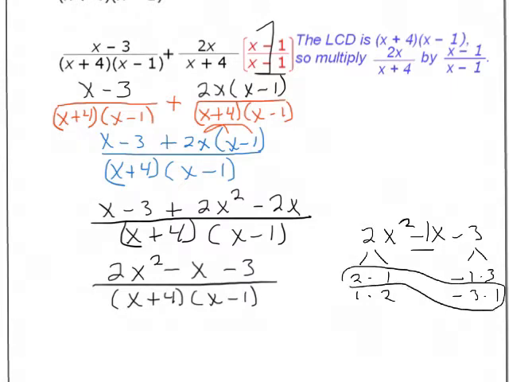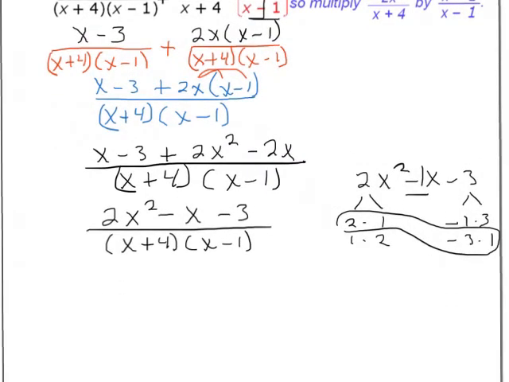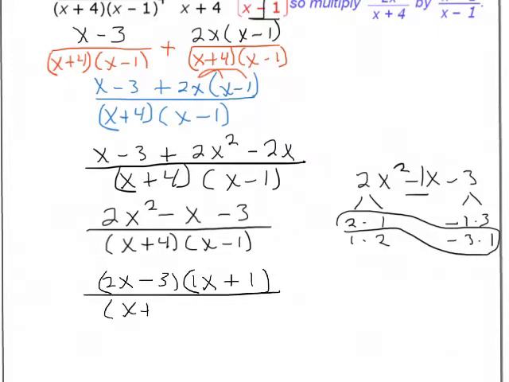So let's factor that. Let me move this up just a tad bit. When I factor this, on the top I'm going to get 2x minus 3 and x plus 1, and on the bottom I will have x plus 4 and x minus 1.